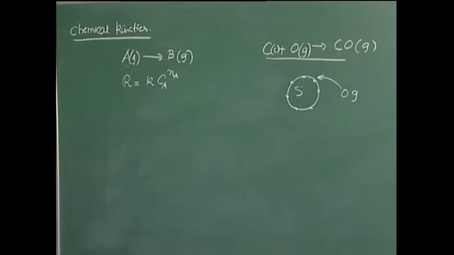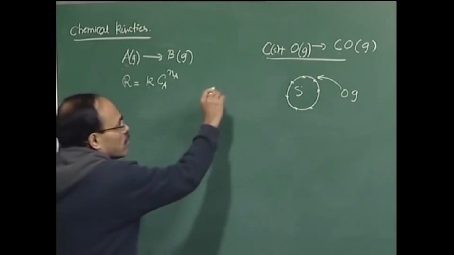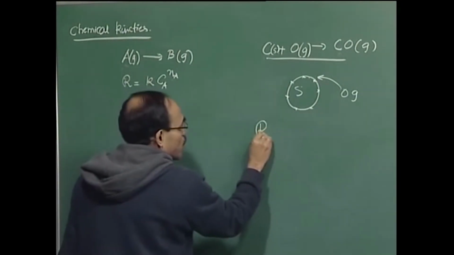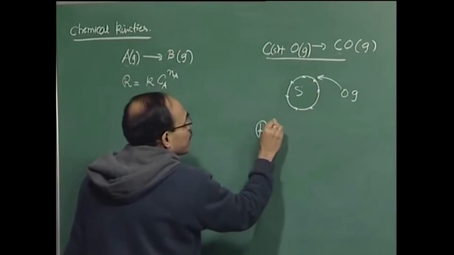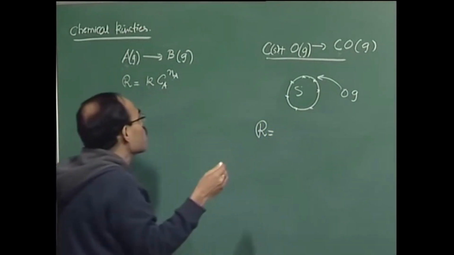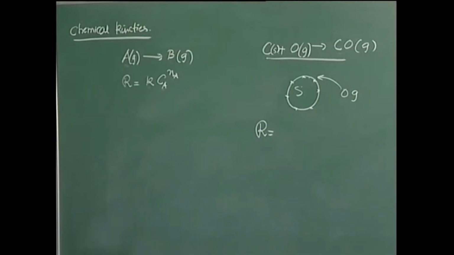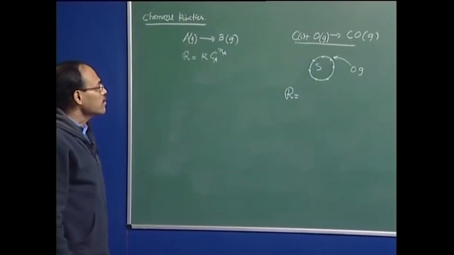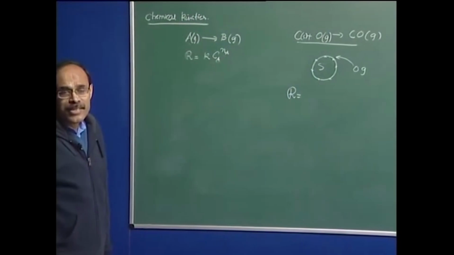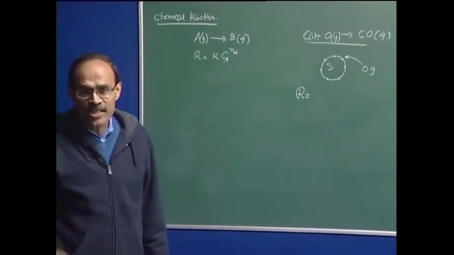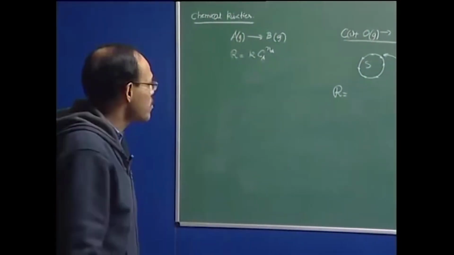As you can see, if you write down the rate in this particular case, I have written the concentration, but as I have mentioned, apart from concentration, perhaps activity or thermodynamic chemical potential is far more important because that represents the driving force.